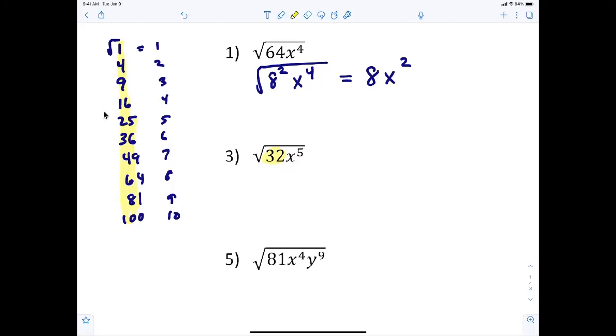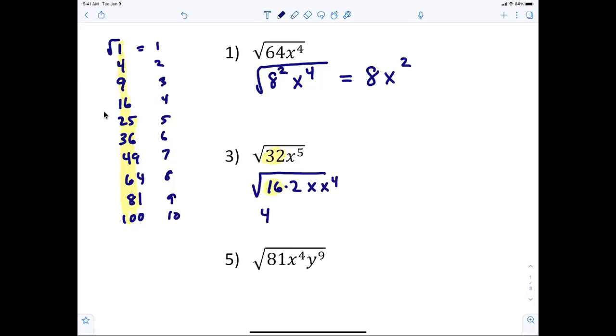16 goes into 32. So I want everybody underneath number 3 to do a square root, and then put 16 times 2. Is x to the 5th a perfect square? No. We're going to break that down to x times x to the 4th. Now, what's the square root of 16? 4.